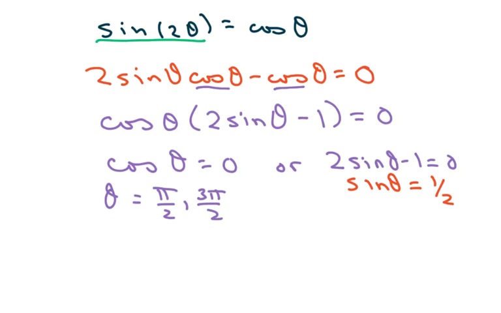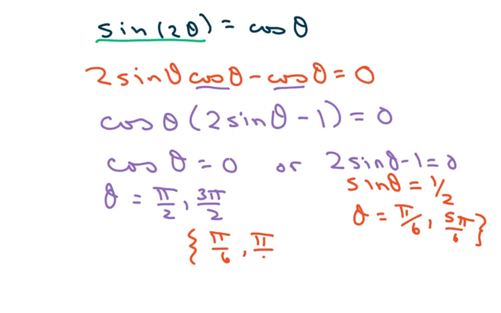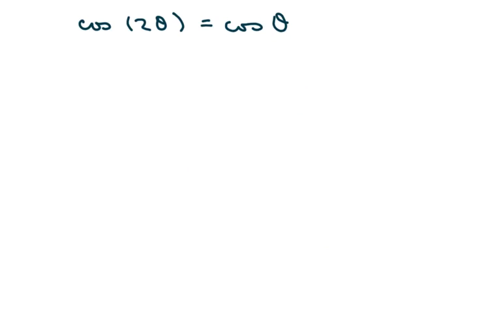And in this case, we'll have theta equals pi over 6 and 5 pi over 6. And if I write this in order, from smallest to greatest, I have pi over 6, pi over 2, 5 pi over 6, and 3 pi over 2. So, that wasn't that bad.